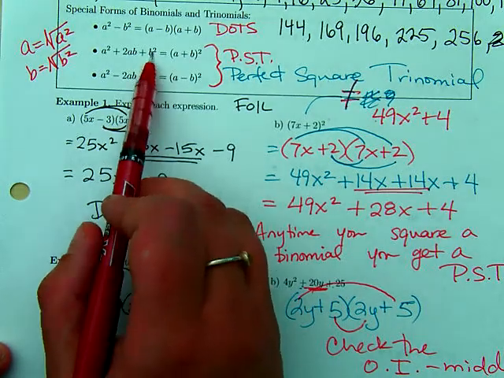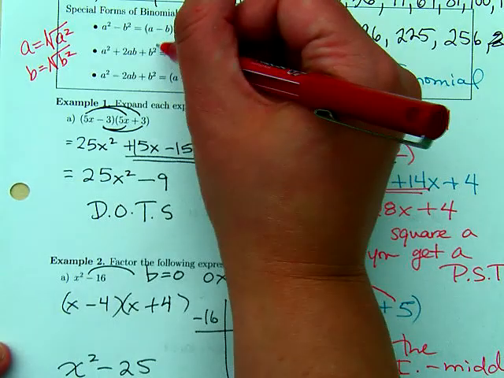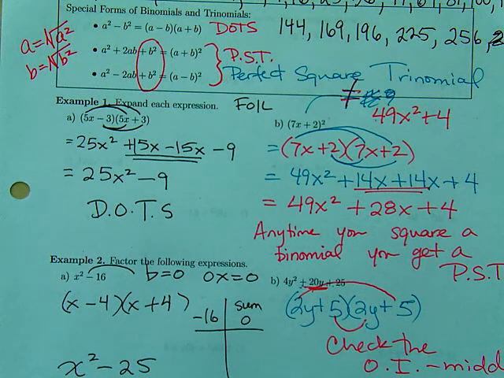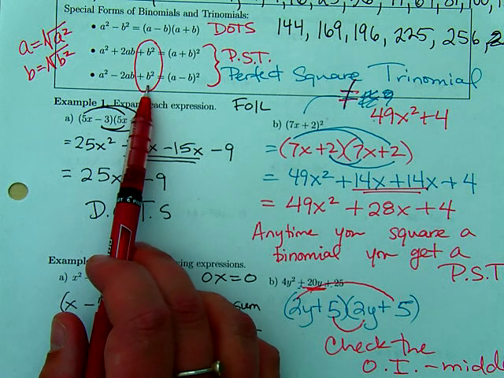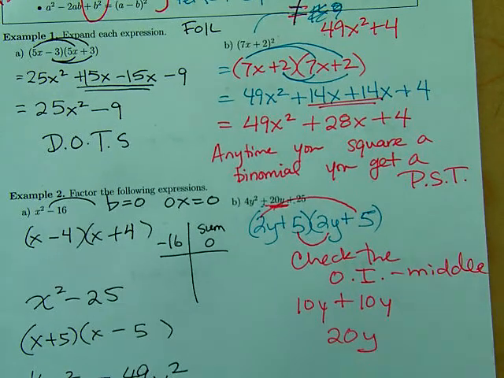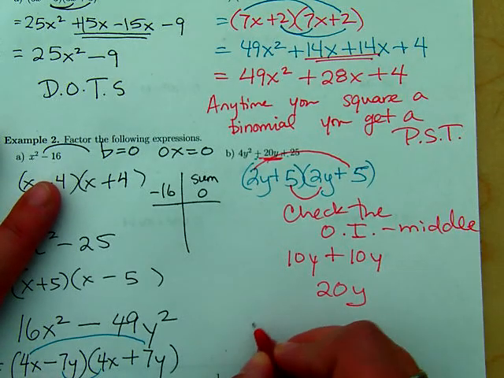Now you notice with the perfect square trinomial, it always has to end in a positive. Why is the last term of a PST, a perfect square trinomial, why do you think it's always positive, the last term? Any ideas? Well, let me give you another example and then we'll come back to that question. So what about this one?